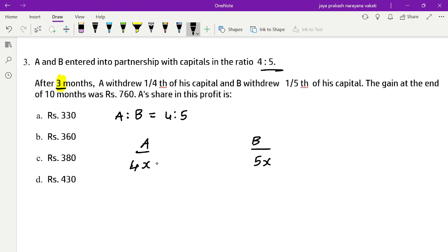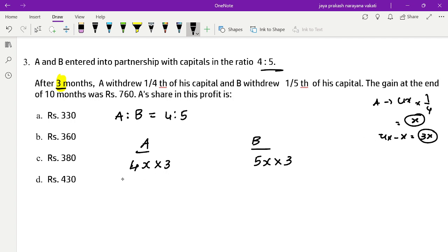So that means multiply investment with the time period of 3 months. After 3 months, what happened? They withdrew one fourth. Let's say A is 4x. In this, one fourth has been withdrawn. How much? x has been withdrawn. So the remaining investment is 3x. Correct.